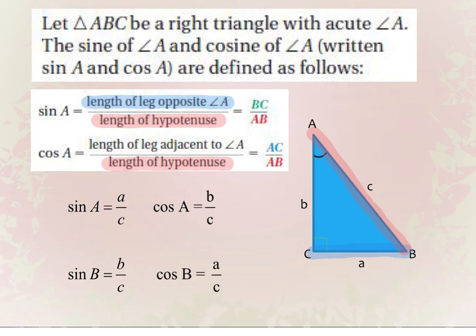So sine we already identified would be the length of the leg opposite the angle over the length of the hypotenuse. Cosine is going to be the length of the leg adjacent to A over the length of the hypotenuse. So pick a different color for highlighting and highlight the length of the leg adjacent to angle A. What is that segment?